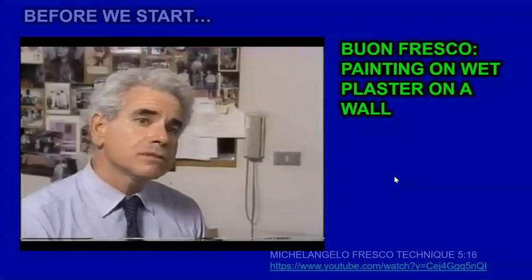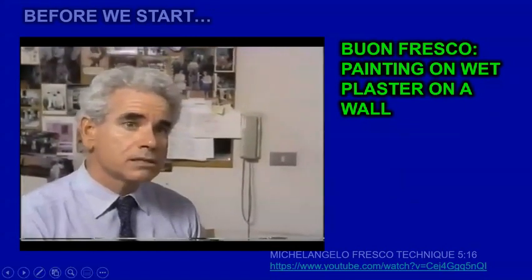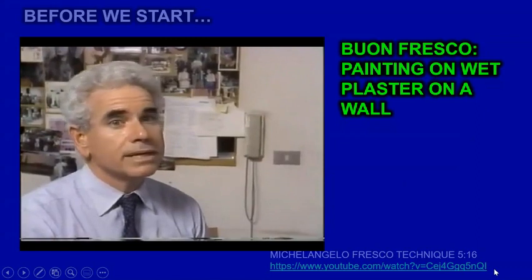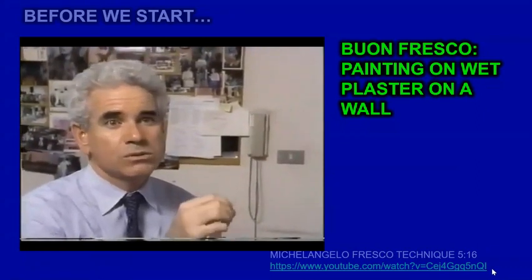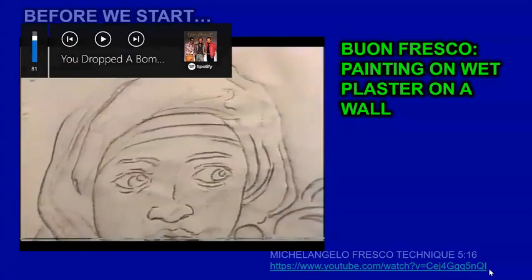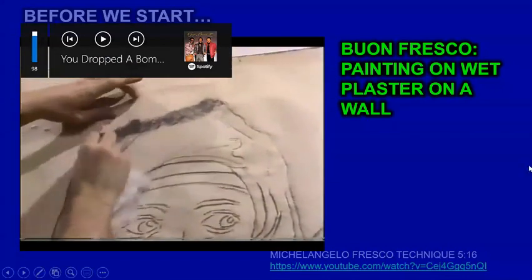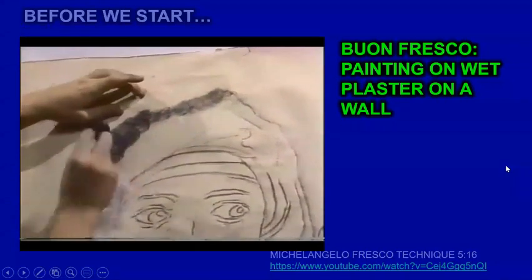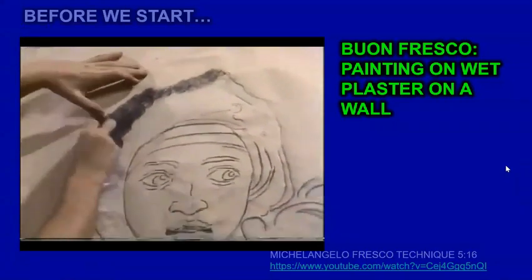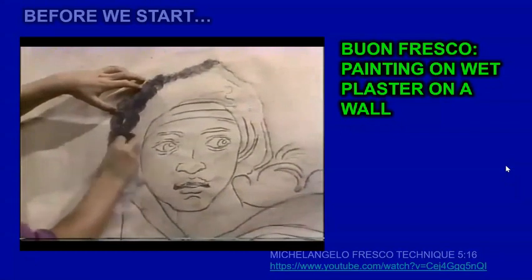We make a series of small holes along the lines in certain very key points. Michelangelo, we see, did the eyes, the nose, the ears, the throat. And then it takes a little sack of charcoal or some powdered pigment. And then you see the pigment goes through the holes and leaves the design on the fresco.